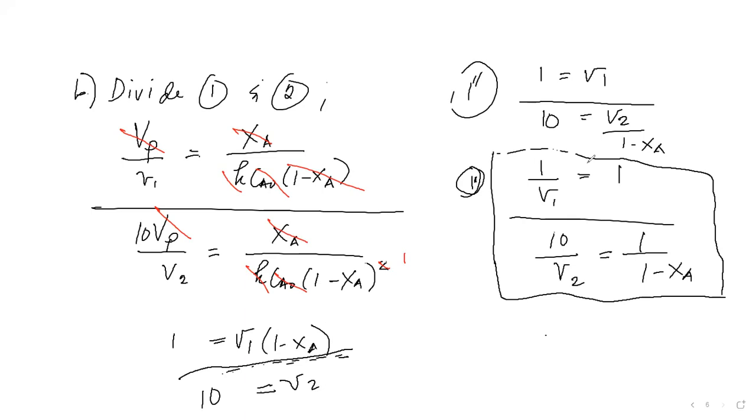Okay, I place the 1 minus XA on top here. It goes with the V1. This is equated to 1, and you have 10 here, and you will have V2. So you'll have V2 over V1 is equal to 10 over, goes here, multiplication.